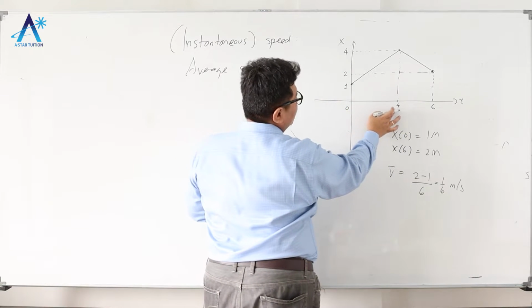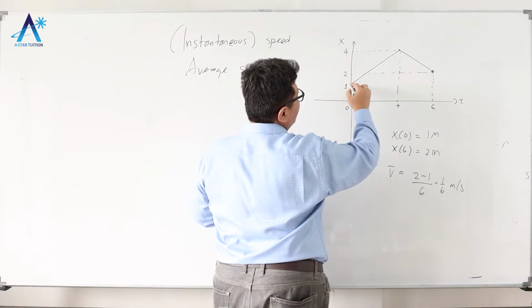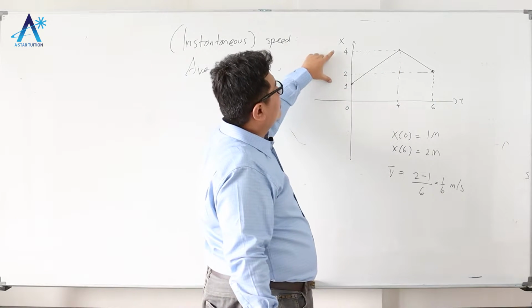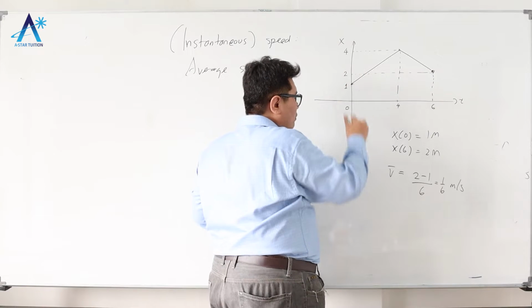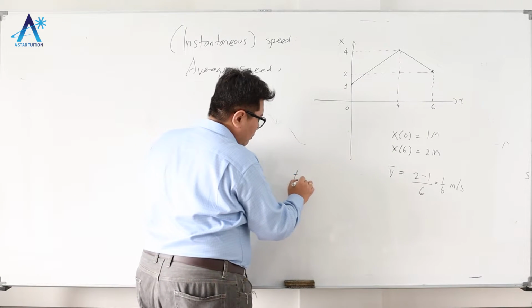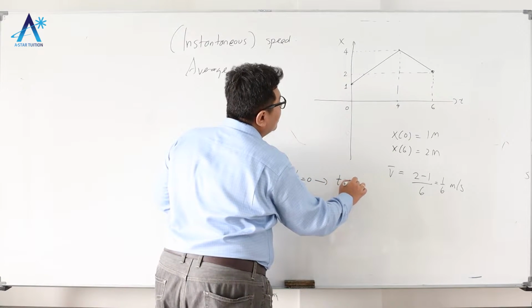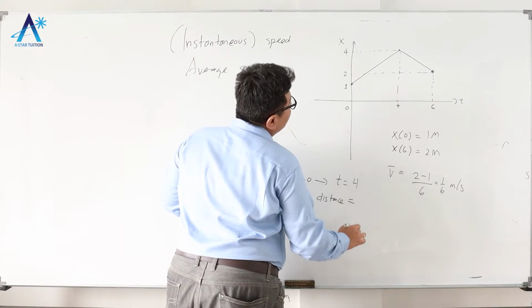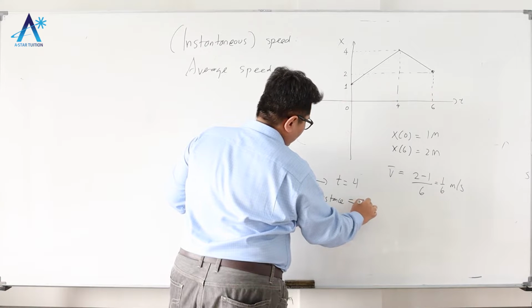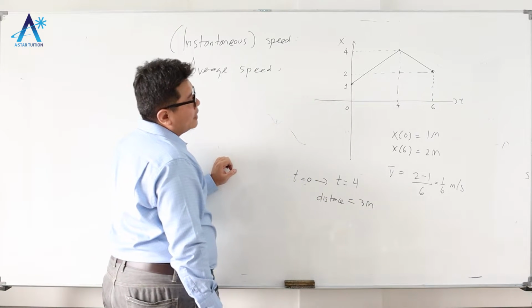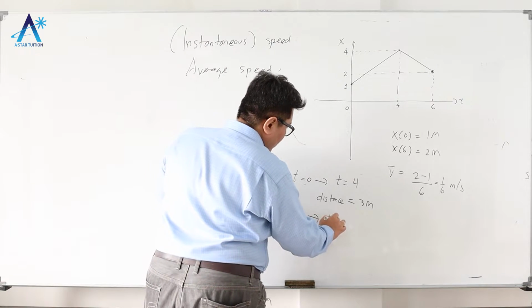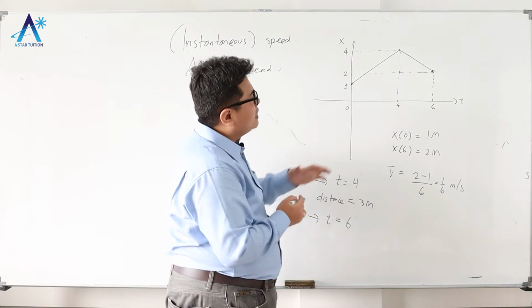Time 0 to time equal to 4, the position increases. So it starts from 1 and then it ends at 4. So you can see that from t equal to 0 to t equal to 4, the distance traveled is equal to 4 minus 1, 3 meters. Now on the other hand, from t equal to 4 to t equal to 6, you can see that the position decreases.